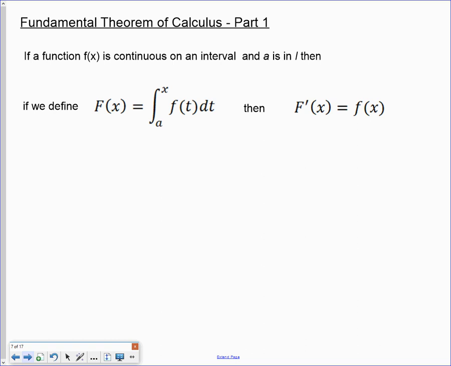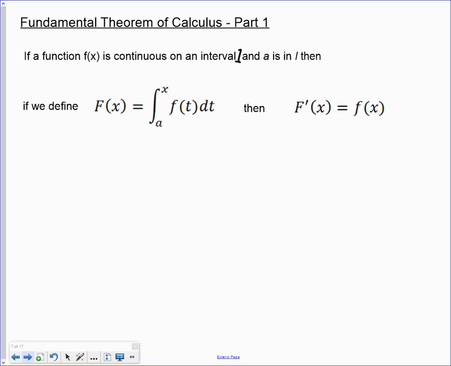If you have a function, f at x, which is continuous on some interval, we should call that interval I, and a is in that interval, then if we define a function, capital F at x, as being the integral from a to x of f at t dt, then the derivative of F at x is going to be f at x, or the derivative of this area function is going to be that function.